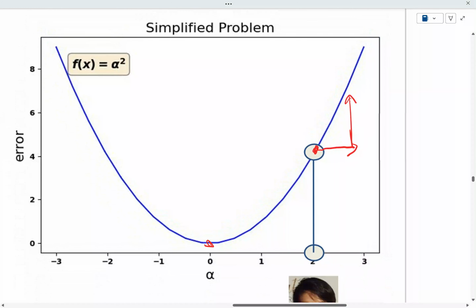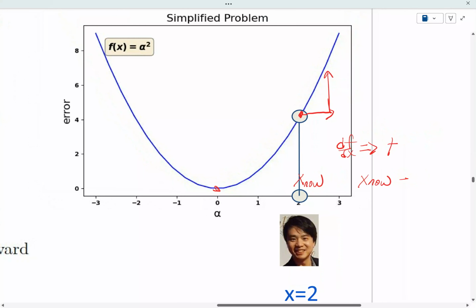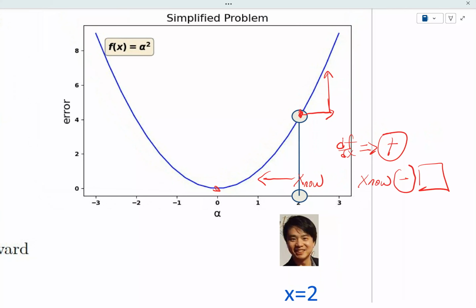So we don't want to increase. If the derivative is positive, then we want to take our current location, x now, and subtract some kind of value, because we want to go this way. So if the derivative is positive, we want to subtract.